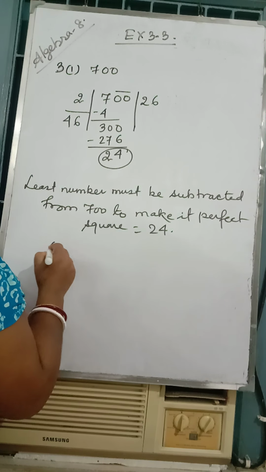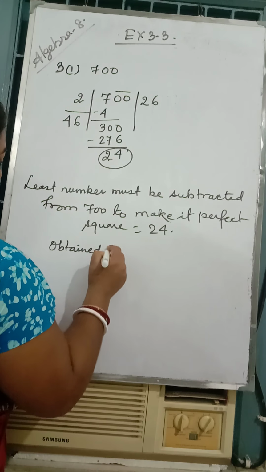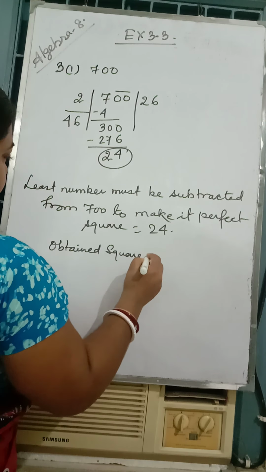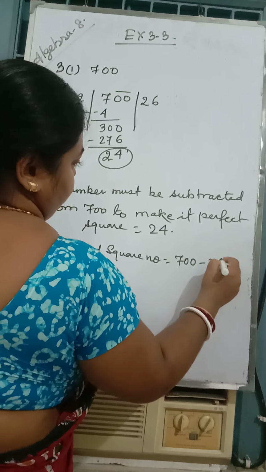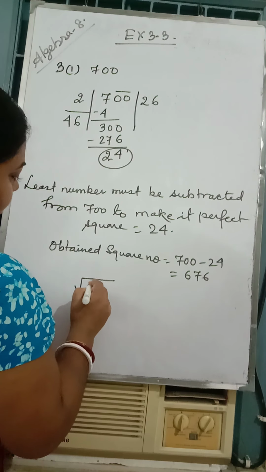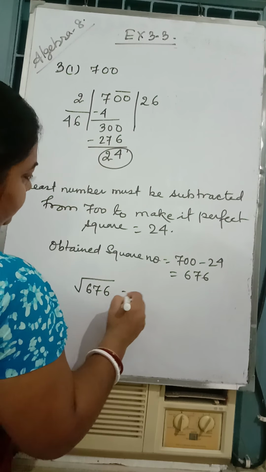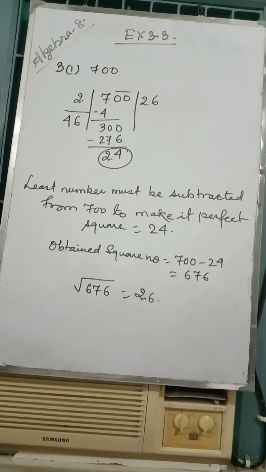Now the obtained square number is 700 minus 24, that gives you 676, and the square root of 676 we have already found, that is 26. So this much work you have to do for one question.